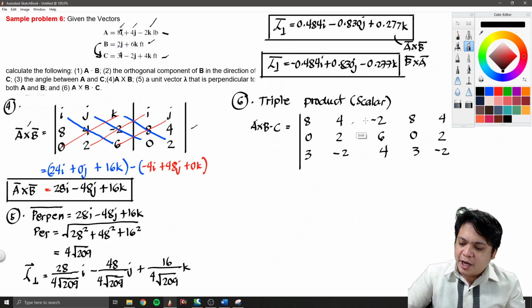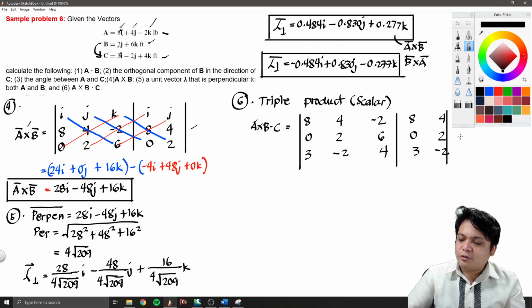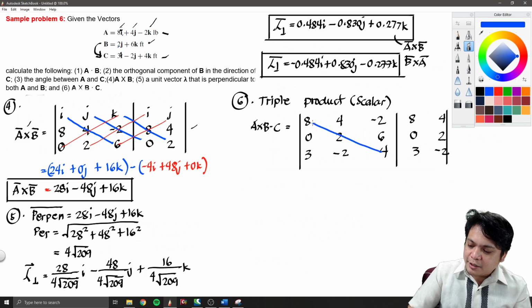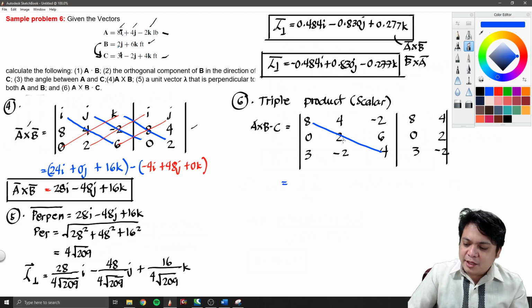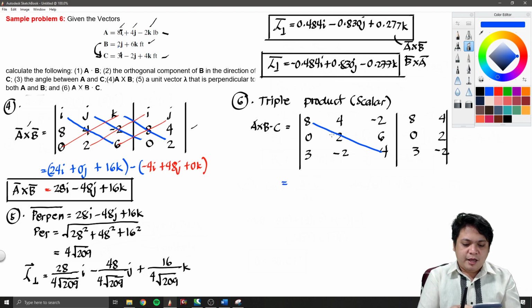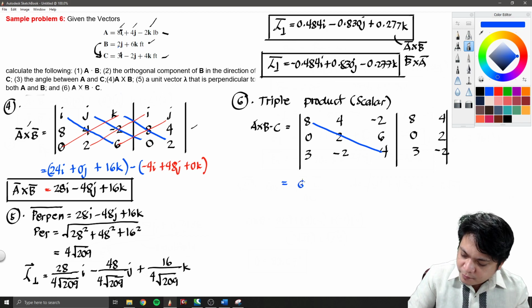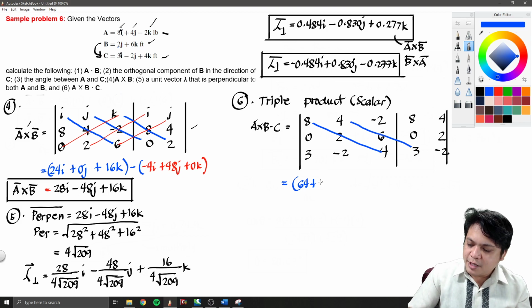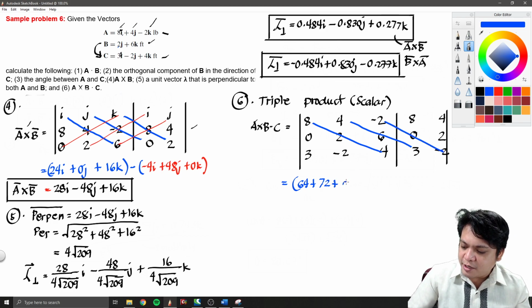For the scalar triple product, you just take the determinant again. First, 8 times 2 times 4 is 64. Plus 4 times 6 times 3, which is 72, plus 0.